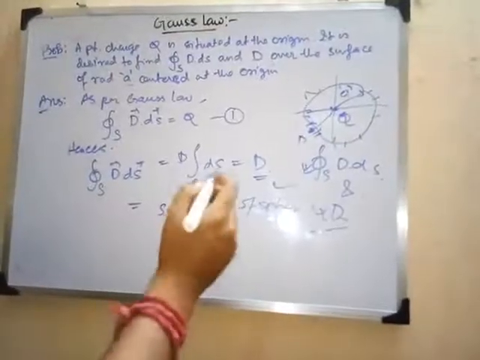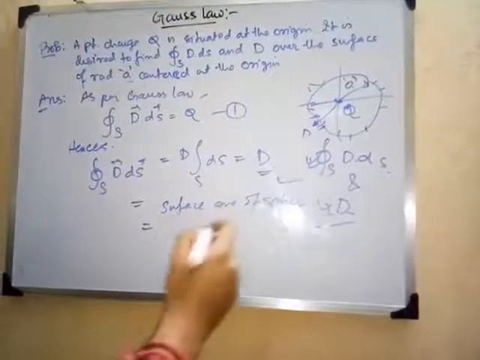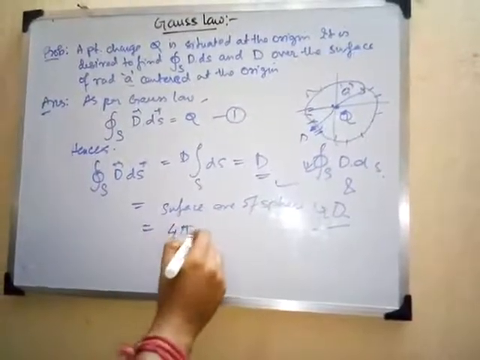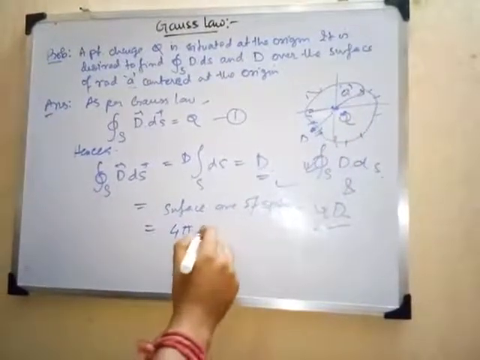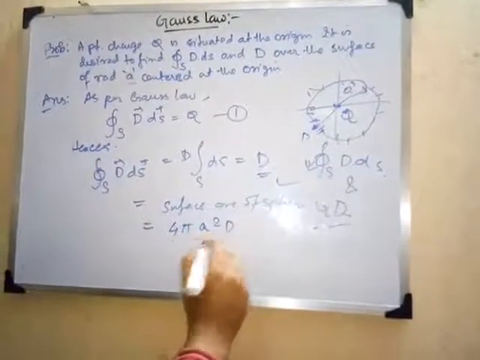The surface area of a sphere is 4πr². Here r is a, so we can write 4πa²D.